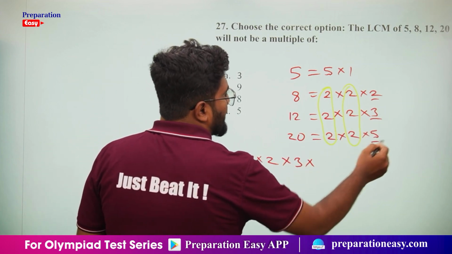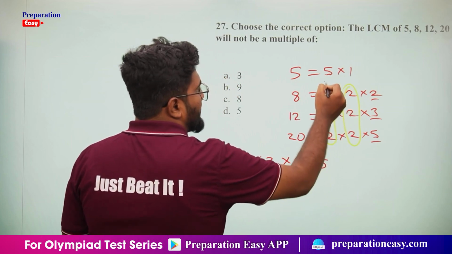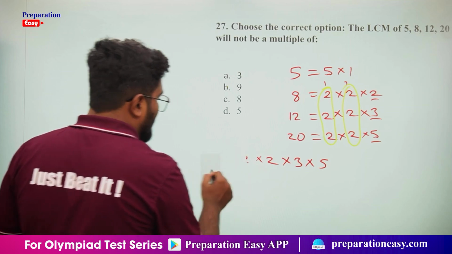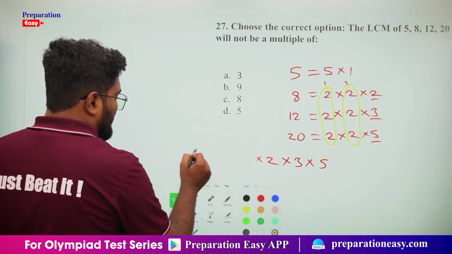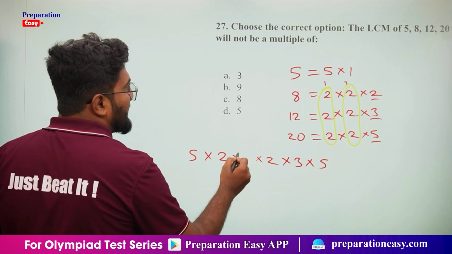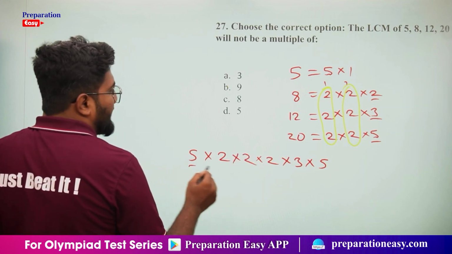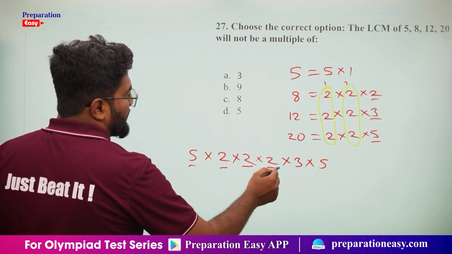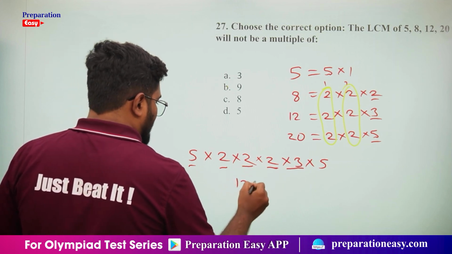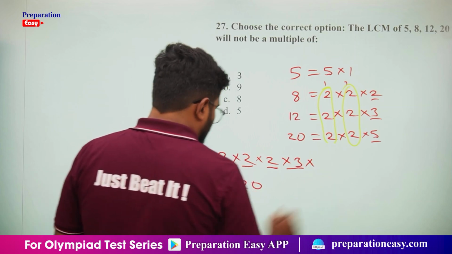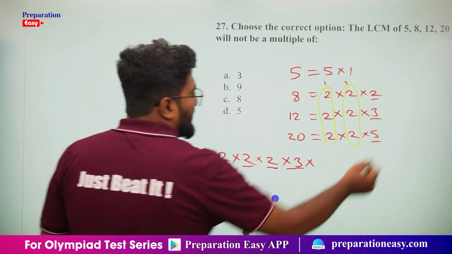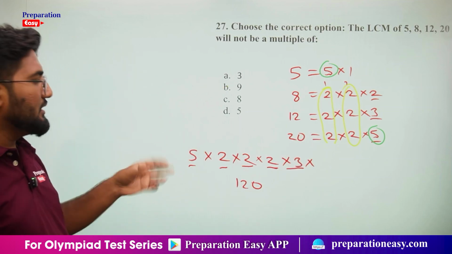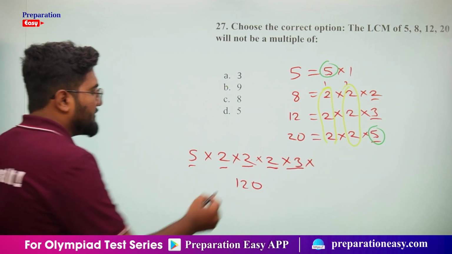The 2 will be twice. So 5 twos are 10, 10 into 2 is 20, 20 into 2 is 40, 40 into 3 is 120. This 5 will not come again because this and this 5 make a pair. So the answer is 120.